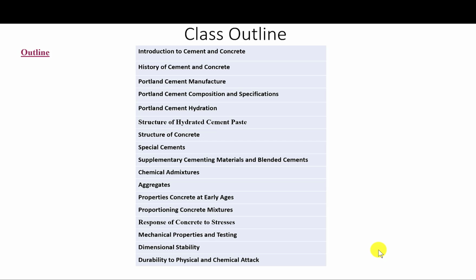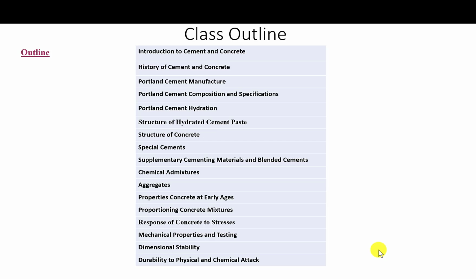We will have a historic perspective on cement and concrete. We will learn the Portland cement manufacture, the Portland cement composition and its specifications. We will learn in detail about Portland cement hydration and the microstructure of the hydrated cement paste.